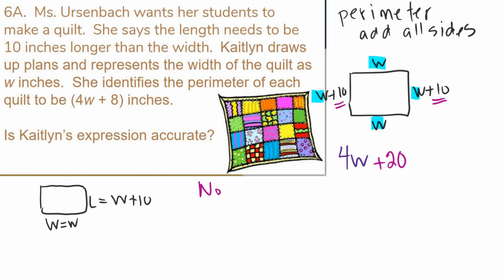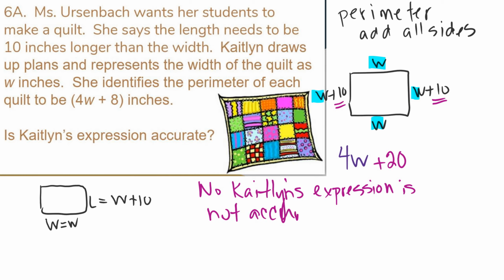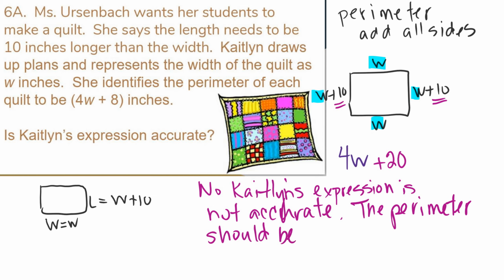So no, Caitlin's expression is not accurate. The perimeter should be 4W plus 20.